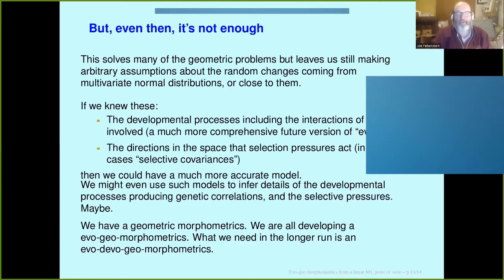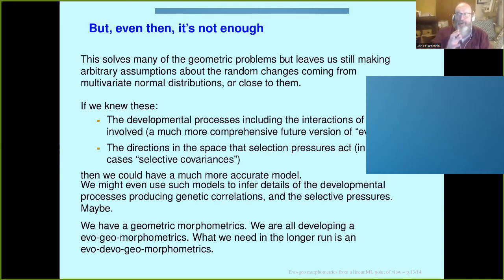If we could know something about the genetic variation and in which directions, which linear and nonlinear ways it works out, and if we could know about things like the directions in the space that selection pressures are acting across the tree, we would be able to do a much better analysis.